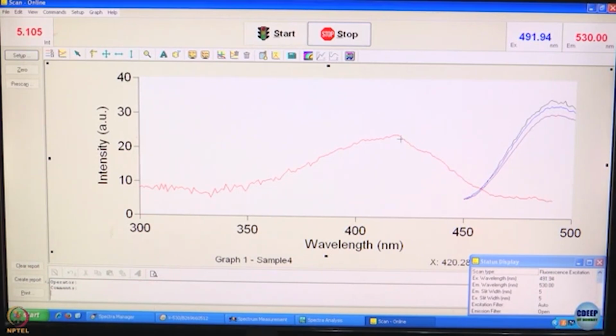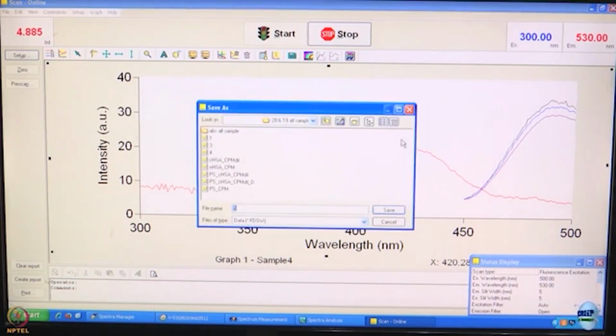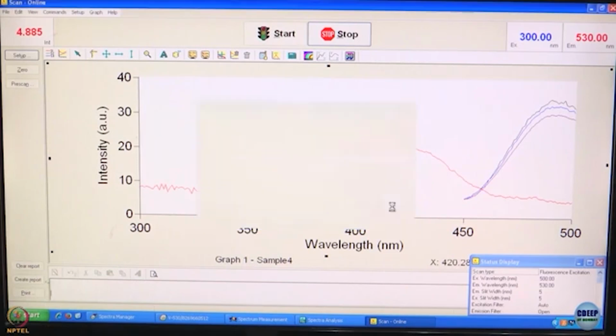The correct way of doing it is to record the absorption spectrum first, then record the emission spectrum. Finally, record the excitation spectrum and see if it overlays with the absorption spectrum. If it does, then there is nothing to worry. If it does not, then either you have something to worry about or you have an interesting story at hand.